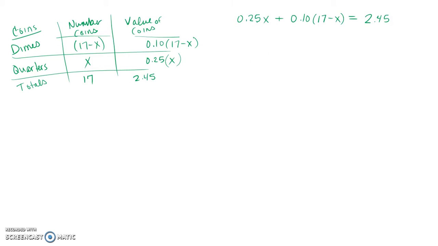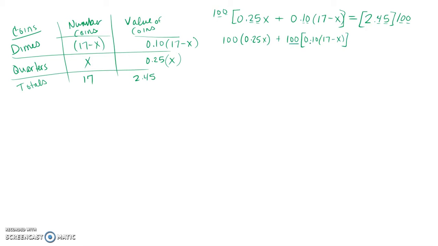First things first, let's get rid of these decimals. So how many decimal places do we have? Well, our biggest decimal place is 2, so we're going to multiply each side by 100 because 100 has 2 zeros, so it's going to eliminate those decimals for us. So we'll have 100 times our 0.25x plus 100 times our 0.10 times the quantity of 17 minus x.